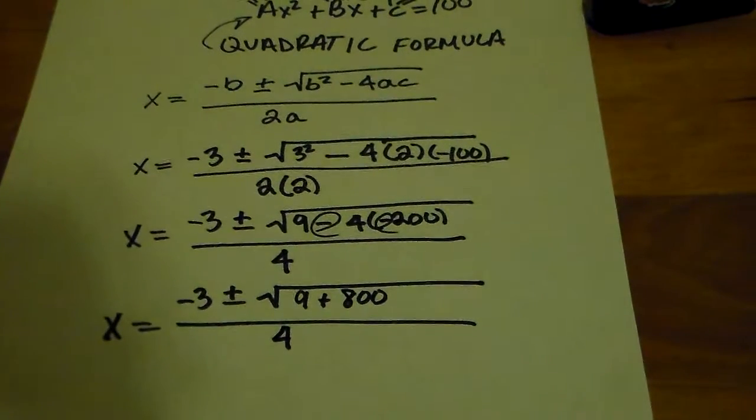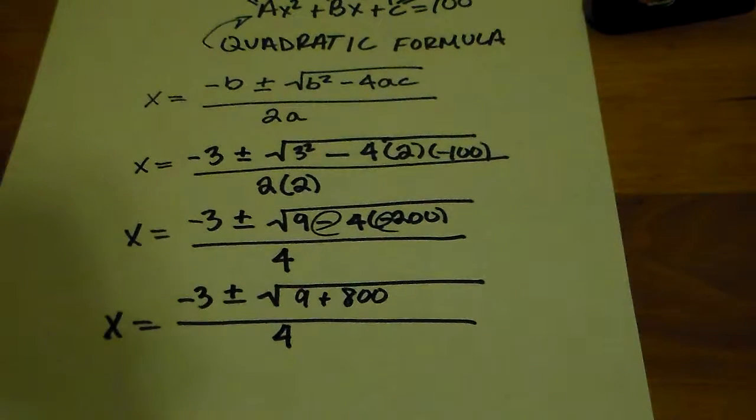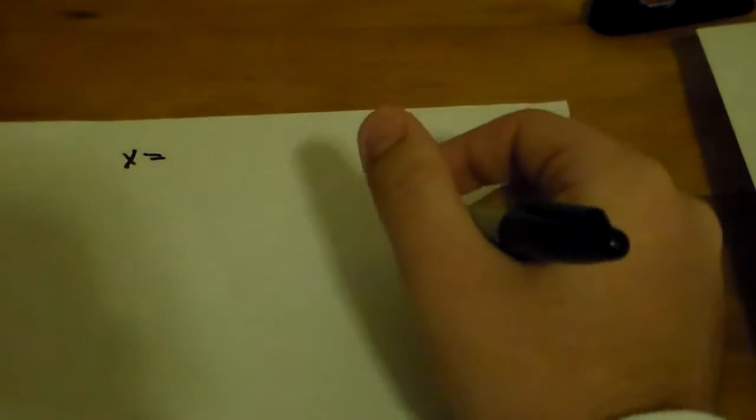Now, to make everything better for me, we're going to add a new sheet of paper. So I'll write that part of the problem real quick. It is x equals negative 3 plus or minus the square root of 9 plus 800, all over 4.